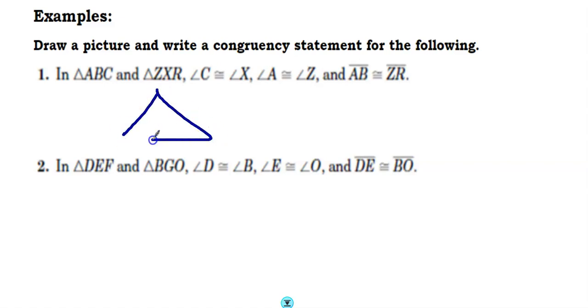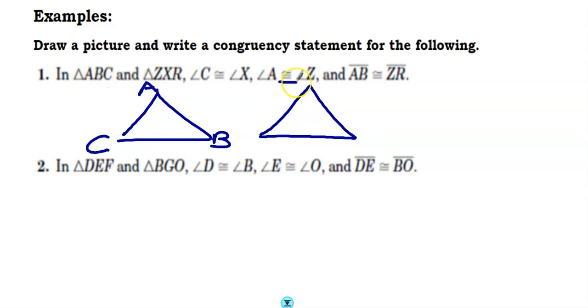So I've got A, B, C, and look at the order of how I write it. A is first, so Z is first. B corresponds to X. C corresponds to R. Okay, so angle C is congruent to angle R. All right, make little adjustments.